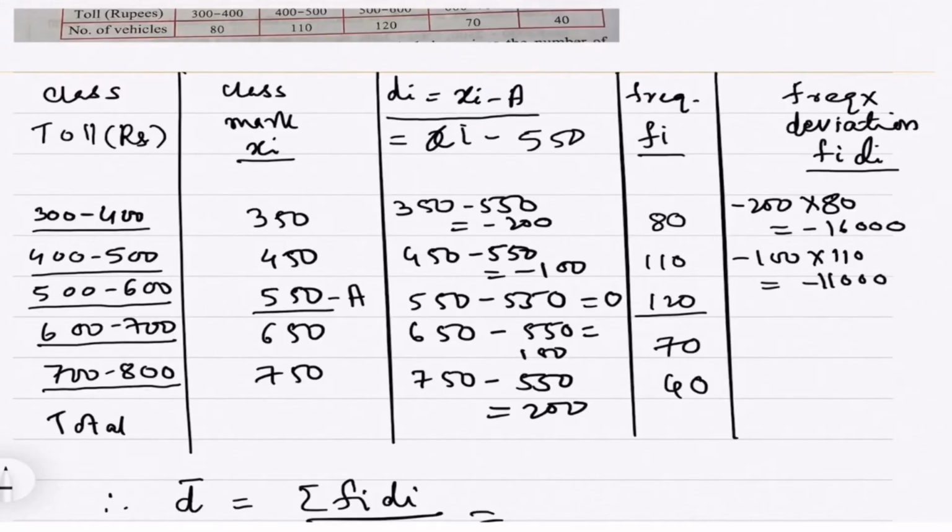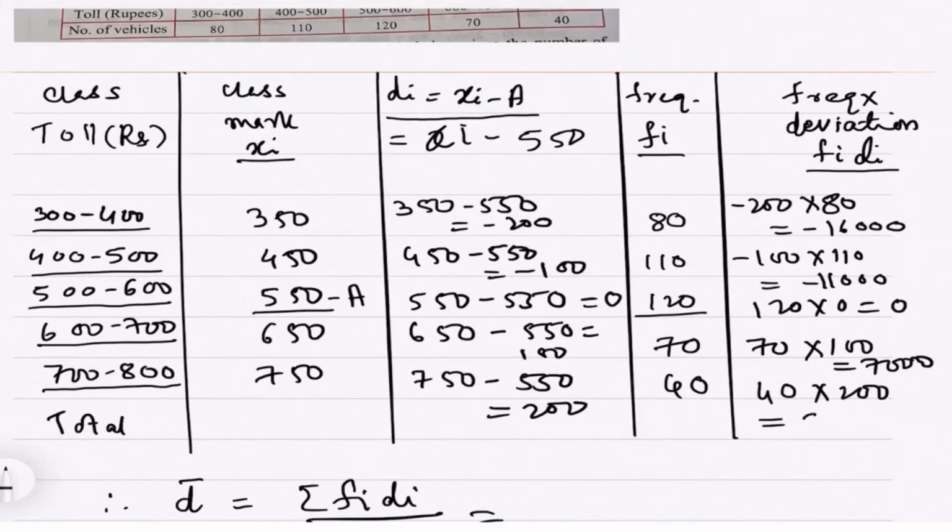Next, the corresponding di value is 0, so 120 into 0 gives us 0. Next, fi value 70 into 100 gives us 7000. Lastly, 40 into 200 gives us 8000.